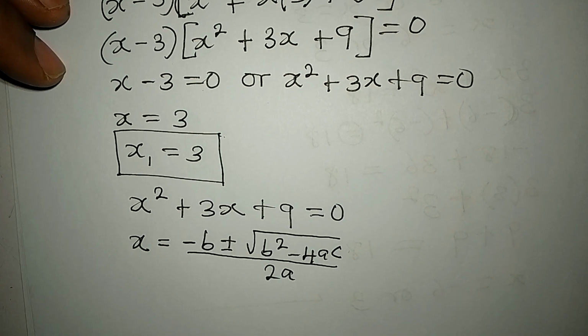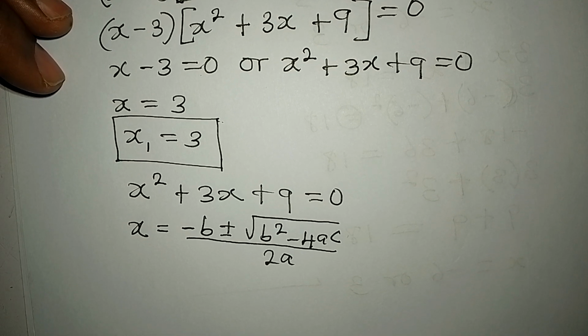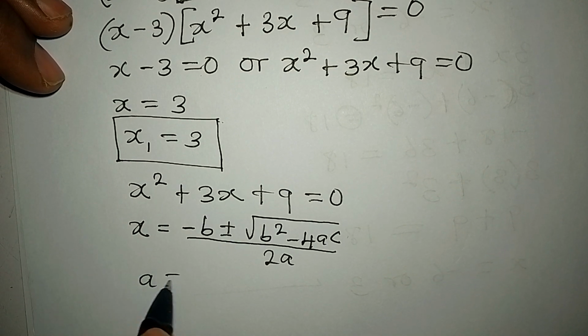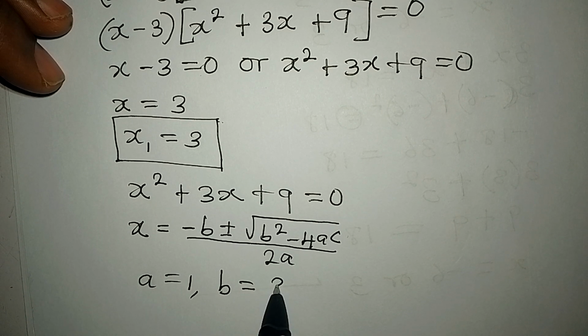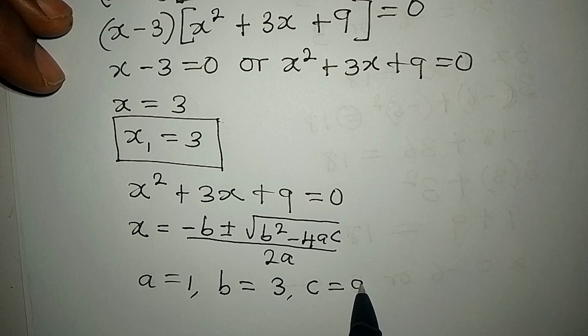Now the next thing is, how do we get our a, b, c? Our a is the coefficient of x squared, and that is 1. Our b is the coefficient of x, and that is 3. And our c is a constant, which is 9.